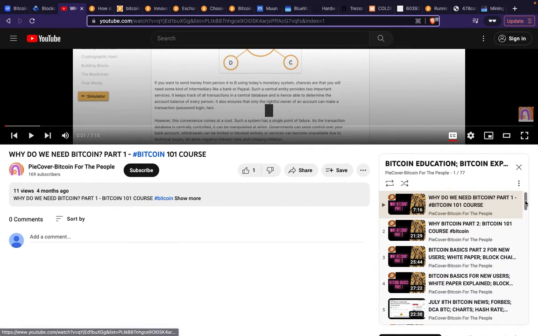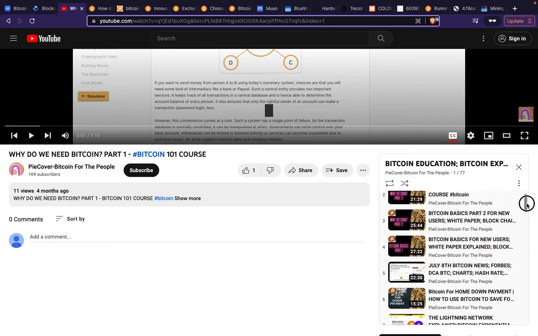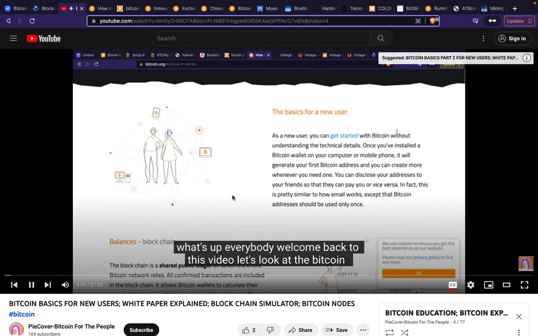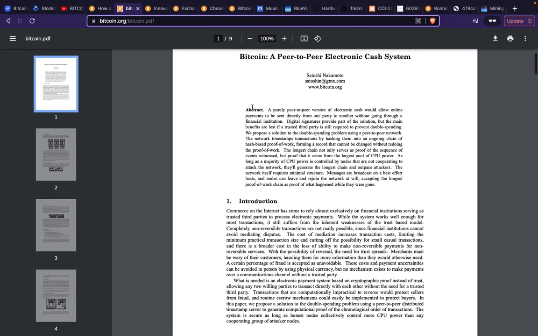This is Why Bitcoin. This talks about approximately the same thing, but this is the first one I made about the Bitcoin white paper. So this explains from the beginning of the white paper and goes down to explain everything.